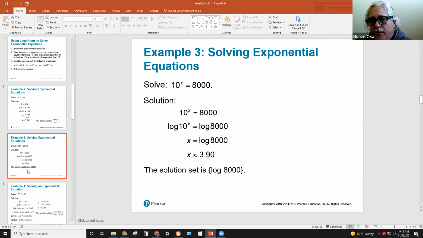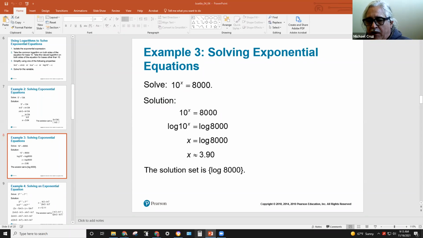All right, now here's one that's got log base 10. Now, on this side, what happens is the log base 10 undoes that 10, and we're just left with x. Now, on the right side, there's no way we can simplify it, so it's just log of 8,000.